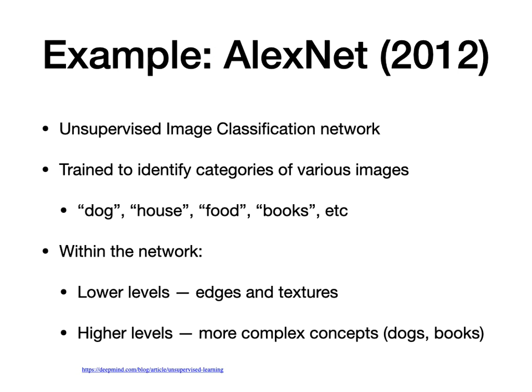The goal of AlexNet was to create a large-scale image classification network. So the idea was they wanted to train it to be able to identify the category of various images. Things like dog, house, food, books, that kind of stuff.